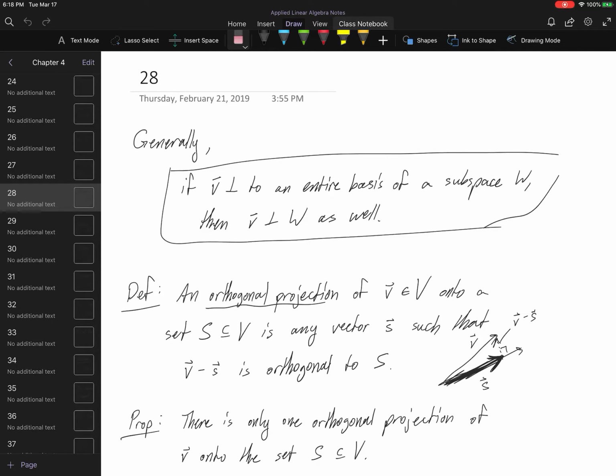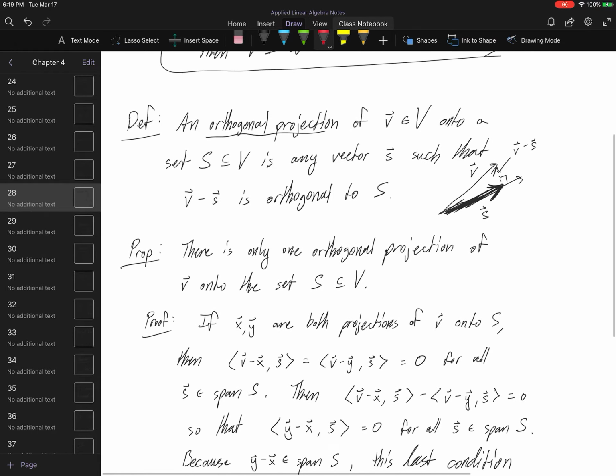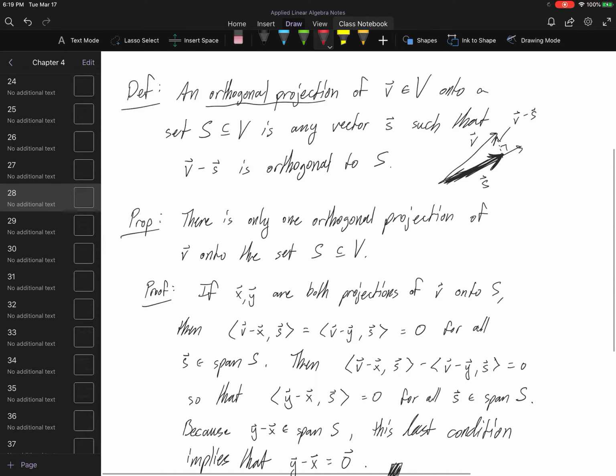So if I can just go ahead and establish orthogonality to a spanning set in particular, then I've shown that V is perpendicular to every element of that subspace. So I don't have to do this in general because I can just show it on a basis and I'm done. But that's only if I'm dealing with a subspace, something that is closed under linear combinations. Okay, so do be very careful with that statement.